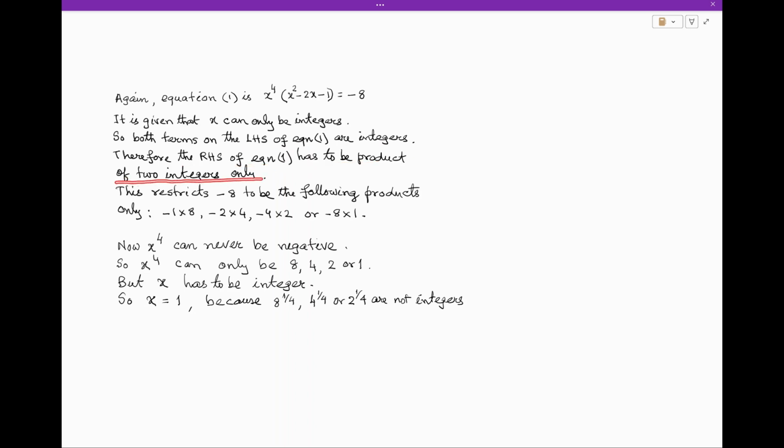That is, we know that x to the power of 4 is an integer for all values of x. Similarly, x square minus 2x minus 1 is also an integer for all values of x. So the left-hand side is the product of two integral values, and therefore the right-hand side also will be the product of two integral values.